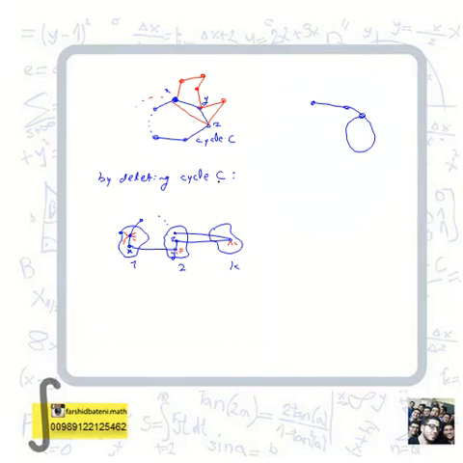By deleting this cycle, you delete from each vertex 0 or 2 edges. So again, in each component, if you consider only red edges, each vertex has even degree. So you can use induction and start from x.